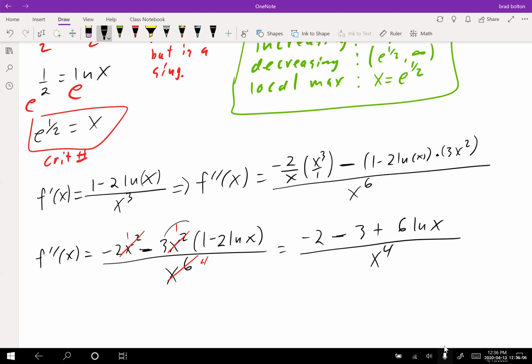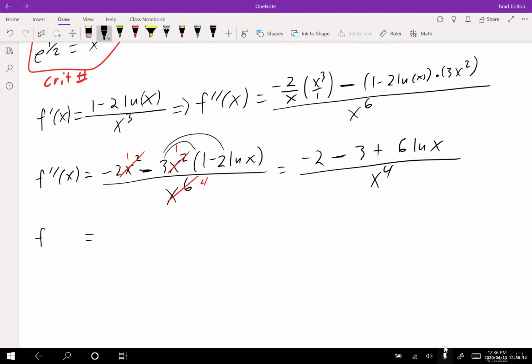All I did was I distributed this through, you guys. So that would be -3. So this becomes -5. And I can write it a little bit nicer: 6 ln of x minus 5 all over x to the 4th. So that is actually our second derivative.